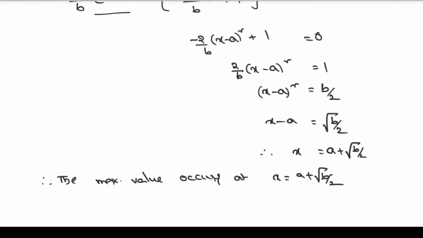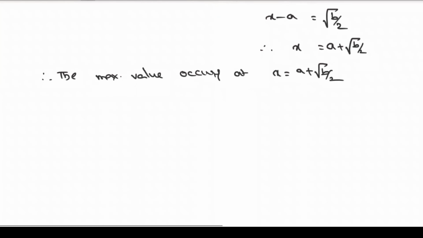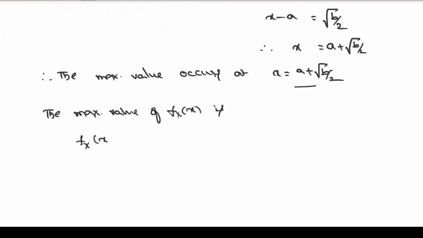Now how to calculate the maximum value of the density function? We just got the point at which the function is maximum. So what is the maximum value? Now I'm going to substitute this value of x in the given density function. Therefore the maximum value of f_X(x), f_X(x) max, where max indicates maximum value, is 2/b times (x − a).